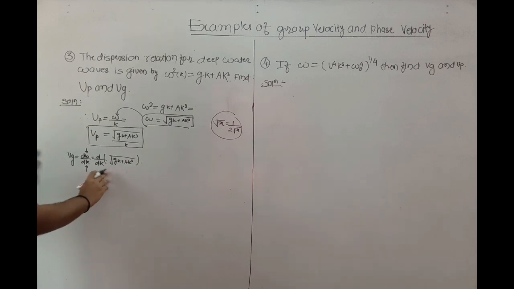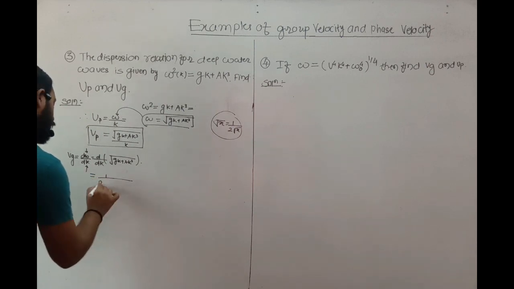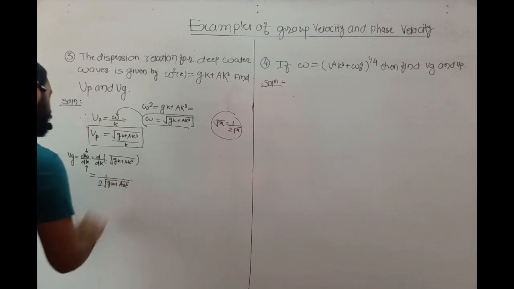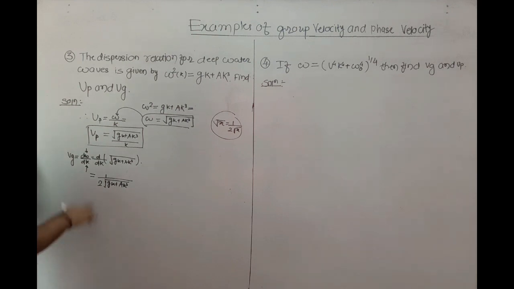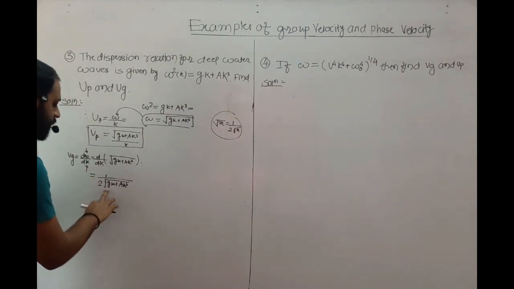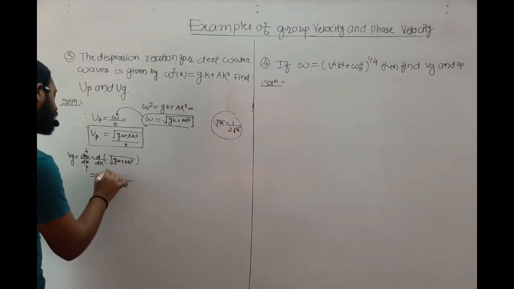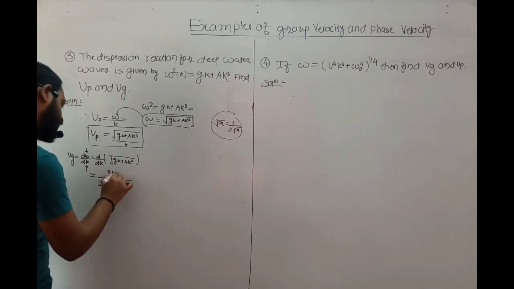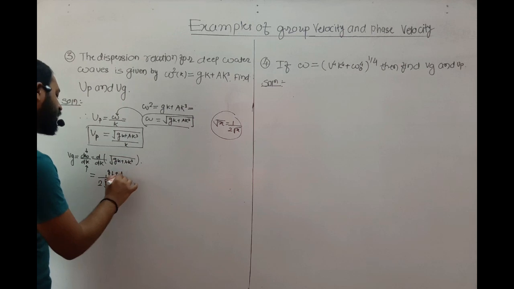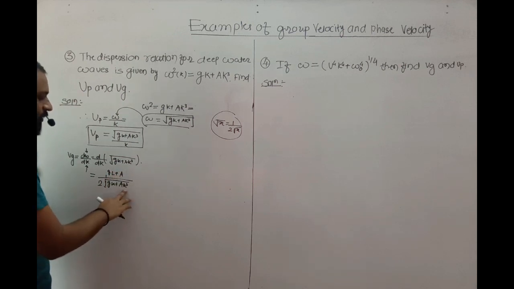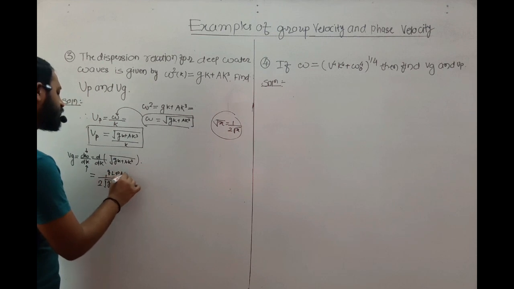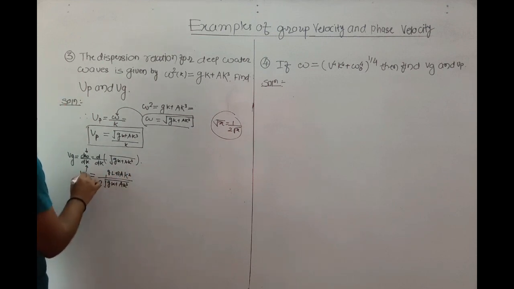With respect to k we are differentiating, therefore 1 upon 2 times root of gk plus ak cube. But in our function we are differentiating with respect to k, that's why g is a constant. Derivative of k with respect to k is 1, so 1 into g, plus here a is constant. The derivative of k cube is 3k square. This is your group velocity.